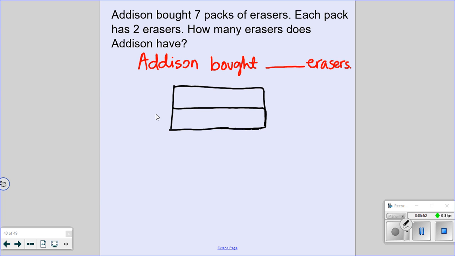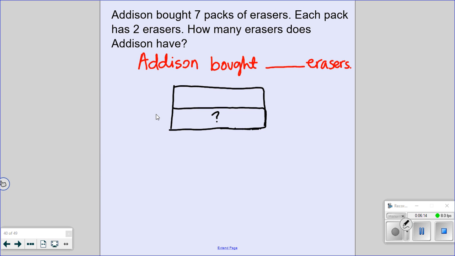Does this story tell me the total number of erasers? Doesn't tell me the total. So in that bottom bar, I'm going to put a question mark. I don't know the total number of erasers yet. I'll have to figure it out.